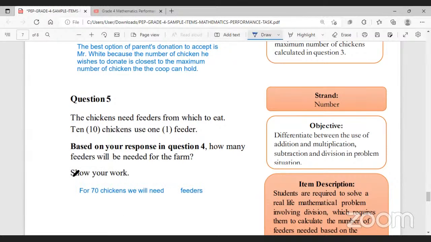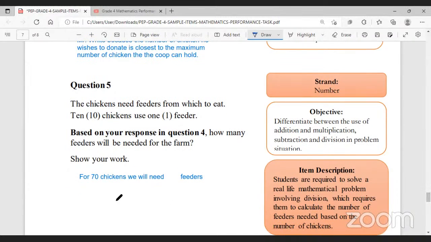So if we have 70 chickens and it says 10 chickens to 1 feeder, so 10 chickens, 1 feeder, 20 chickens, 2 feeders, 30 chickens, 3 feeders, 40 chickens, 4 feeders, 50 chickens, 5 feeders, 60 chickens, 6 feeders, 70 chickens, 7 feeders. So as simple as just counting up by the tens and then going up with the feeders.